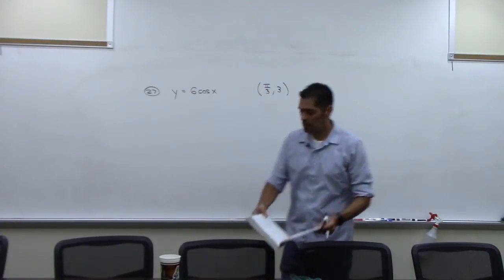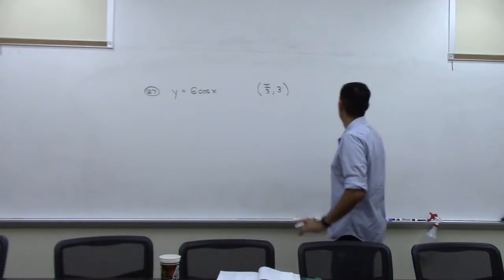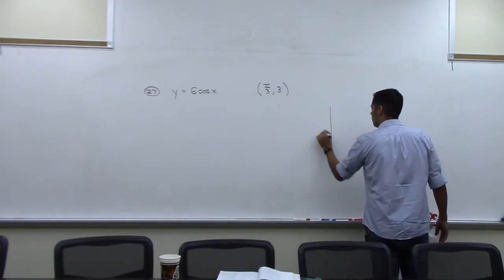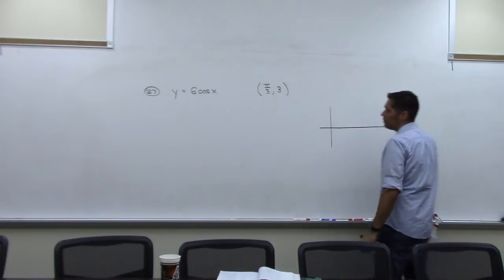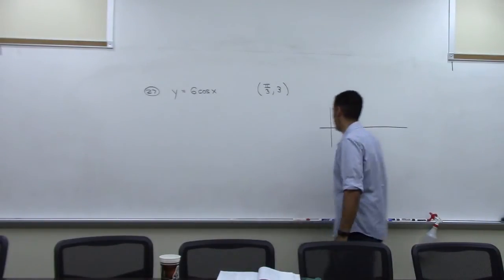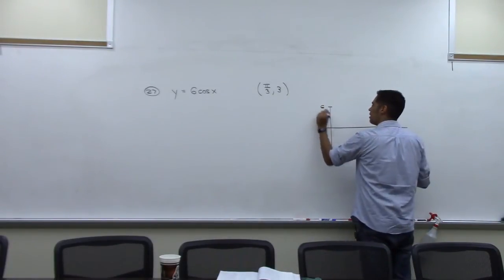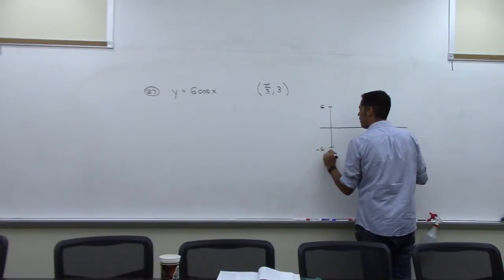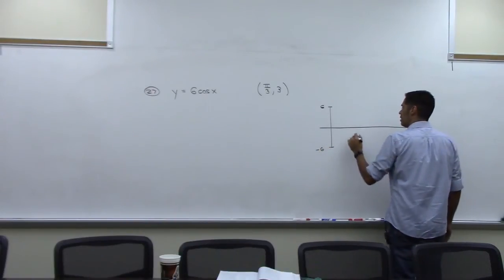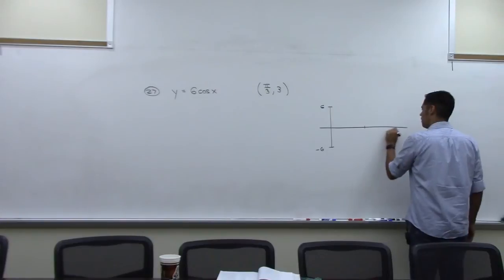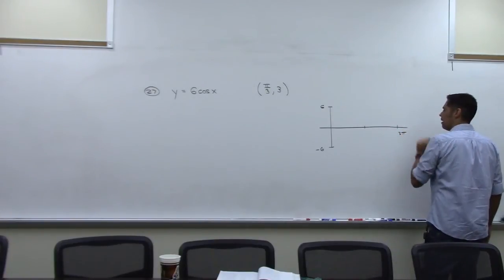All right, so if I were to graph this curve, it's a cosine curve, 6 in front is the amplitude, so that means that it's 6 here and negative 6 here. And since it's a cosine curve, it has a period of 2 pi, right?